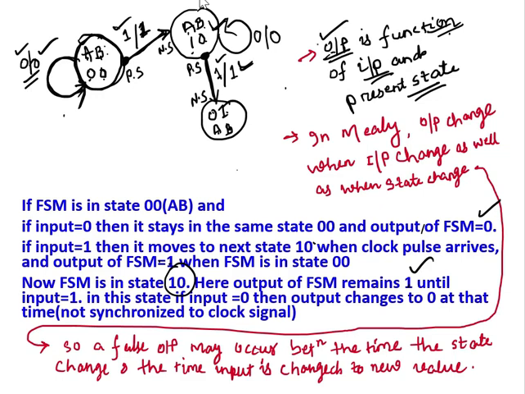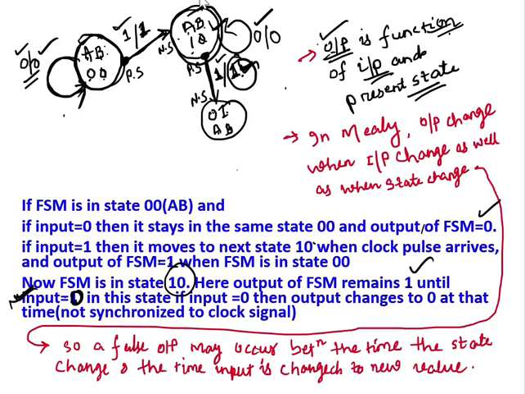Sorry, it is not until input equals 1; it should be until input equals 0. The output of the FSM remains 1 until input equals 0, because when it is in state AB 1 0 and input 1 comes, then it gives output 1. But when input 0 comes, until then, this state will give the output 1. This line means that.